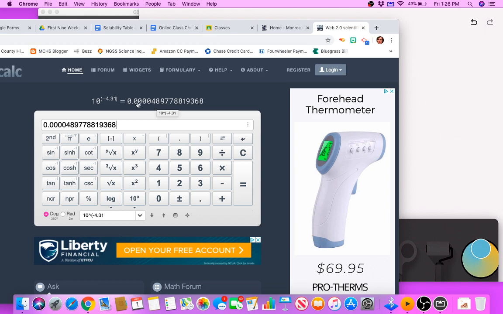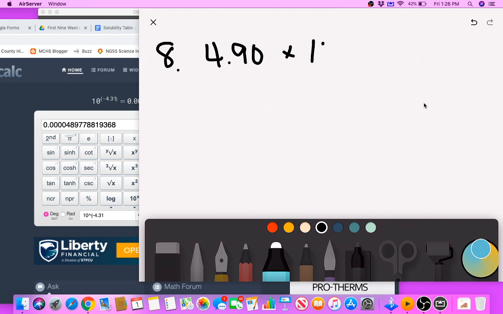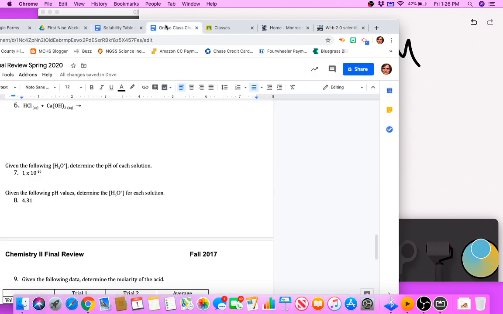So since we moved our decimal 5 places, it's going to be times 10 to the negative 5. Okay? And that's going to be molar because this is a hydronium ion concentration. Again, you can't just write 10 to the negative 4.31. You have to punch that in the calculator to get that concentration.